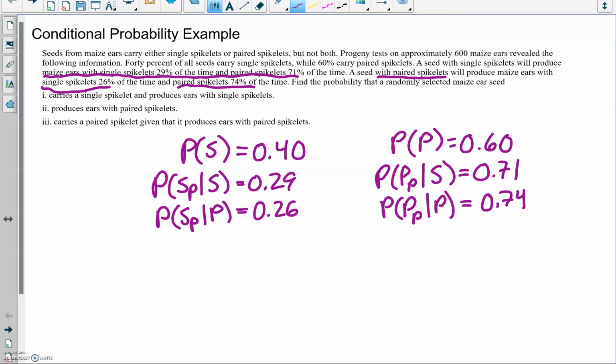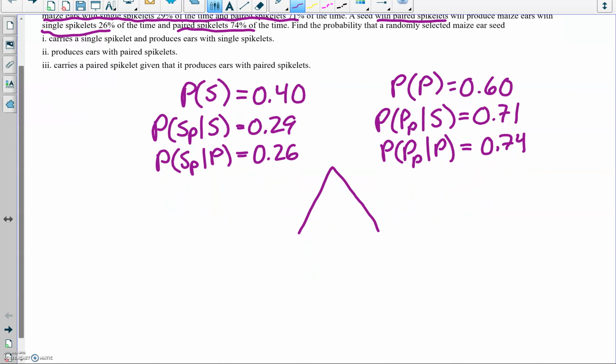And if we look at this in just a little tree diagram here, this will be helpful, especially for parts 2 and 3. What we have here really is some information that it's either going to be single or paired, and then it's going to produce a single or produce a paired, depending on if it's single, and it'll produce a single or produce a paired if it's paired.